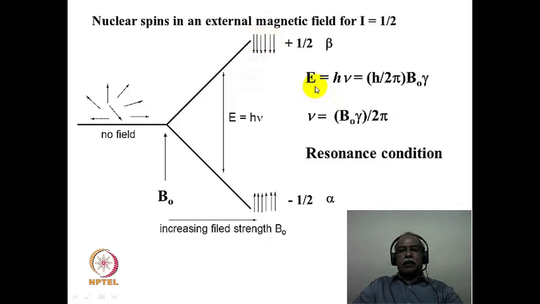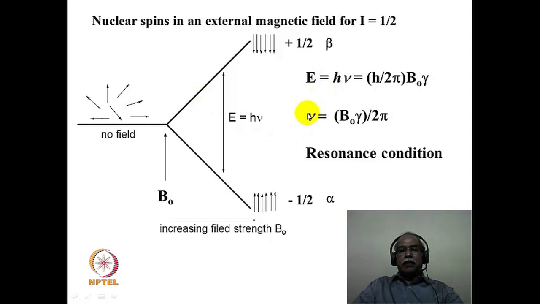Now, this is the equation that governs the basic NMR experiment. This frequency, or energy gap, is directly proportional to the applied magnetic field. It is also directly proportional to gamma, the gyromagnetic ratio. So these are the two parameters on which the energy separation between the ground state and the excited state depends.